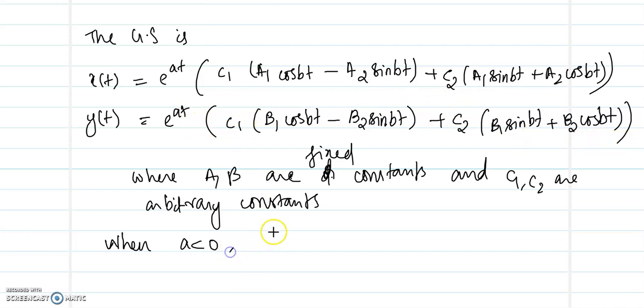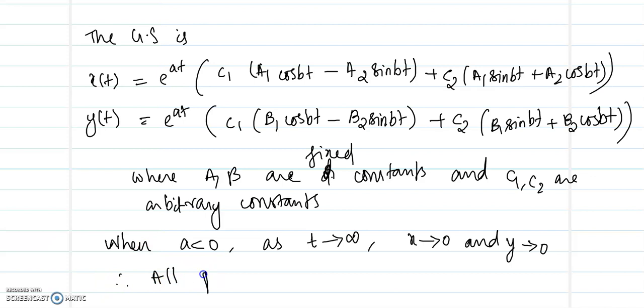So as t tends to infinity, x tends to 0 and y approaches 0. So all paths approach (0, 0) as t tends to infinity.